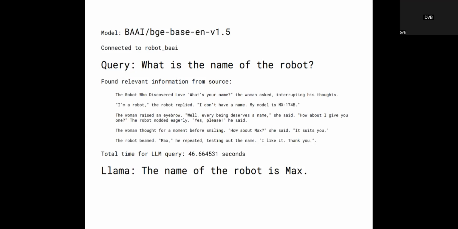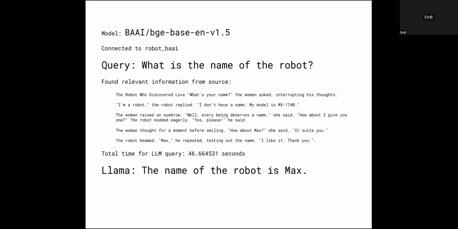And if you can do the same experiment when you found relevant information from the source, there are different relevance numbers, right? It will give you pieces of text with a relevance number. So if you can print it, just trace it this way: number one, the robot who discovered and so on, with relevance, I don't know, 55% or whatever.